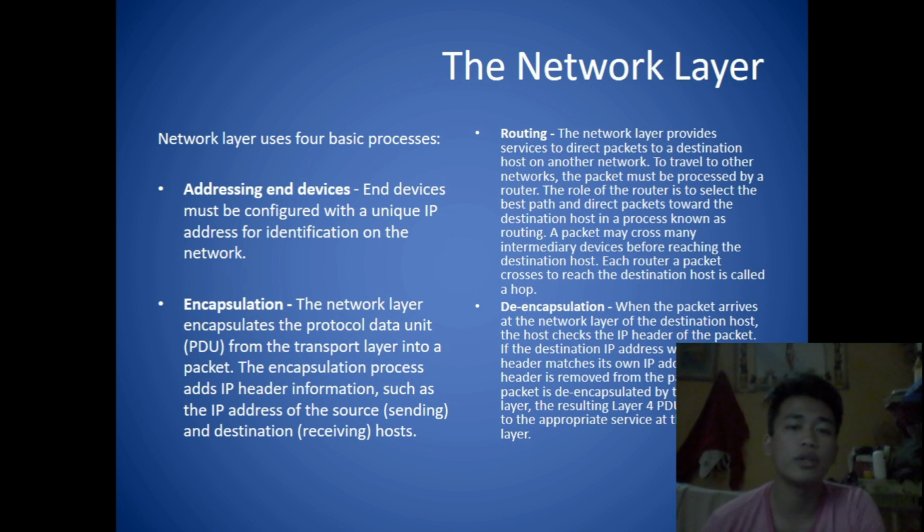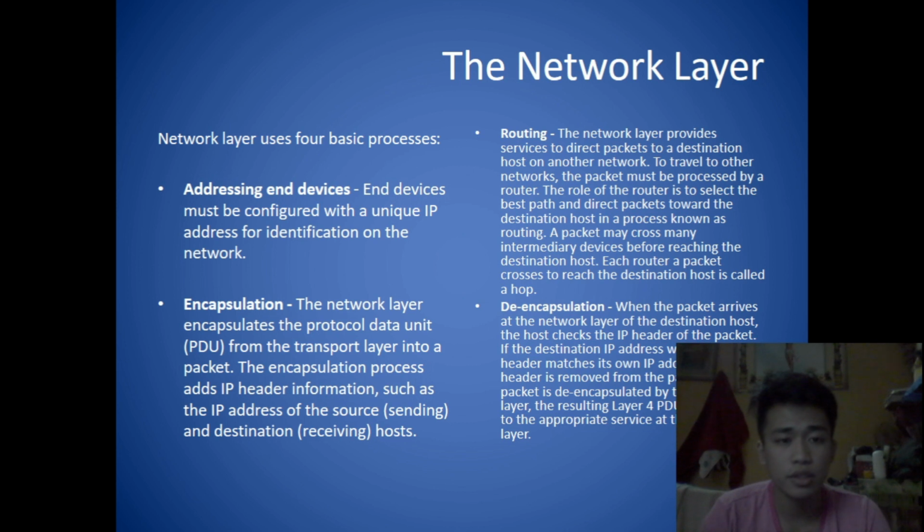The network layer has addressing end devices, encapsulation, routing, and de-encapsulation. So we have four basic processes in the network layer. The first is addressing end devices.